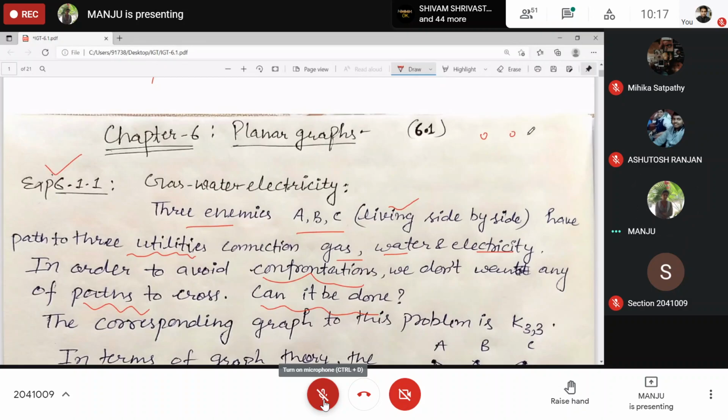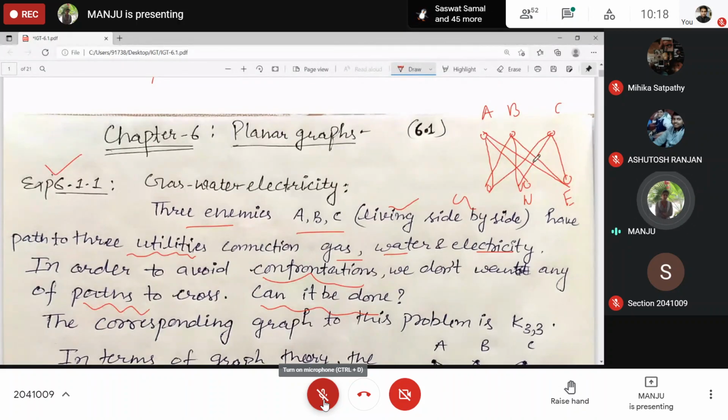So we have three persons A, B, C, and here the utilities: gas, water, electricity. We want to connect each person to all of these. Now this is the graph corresponding to this situation, and they don't want to confront each other, so they don't want these paths to cross.